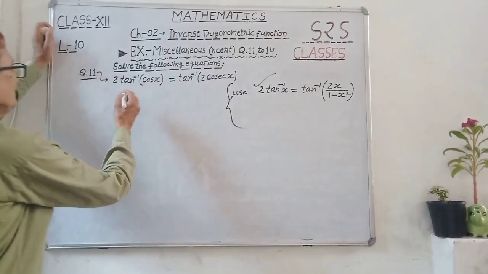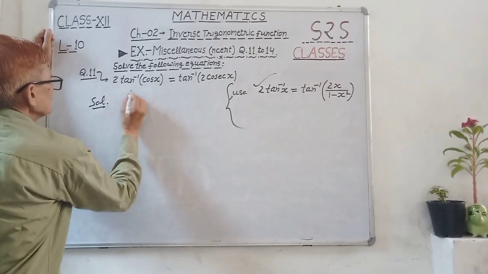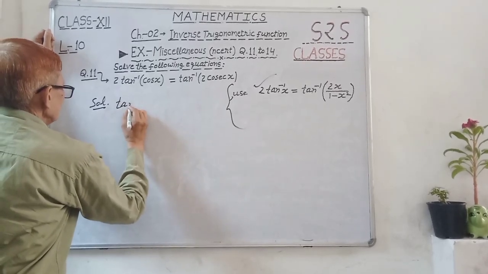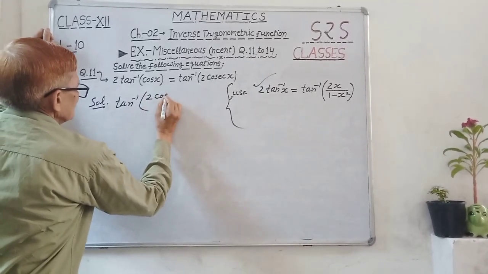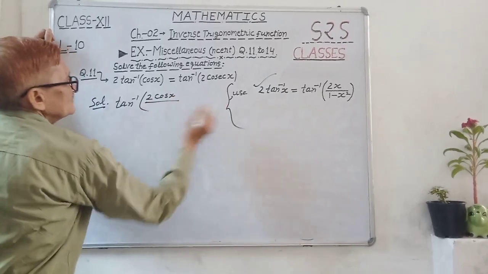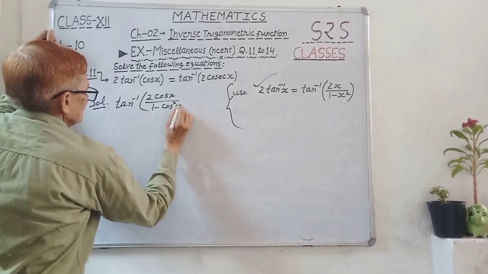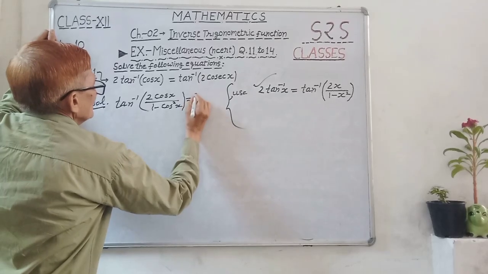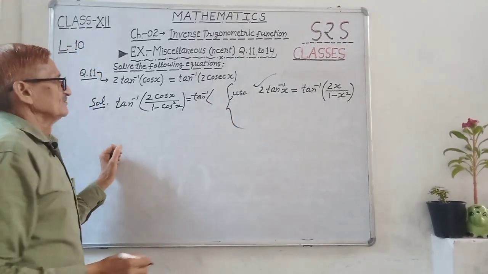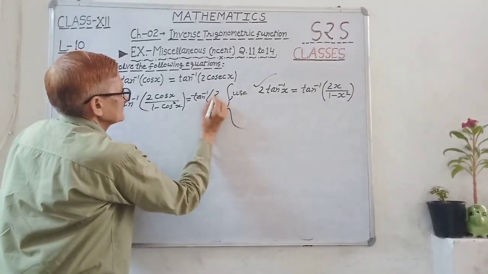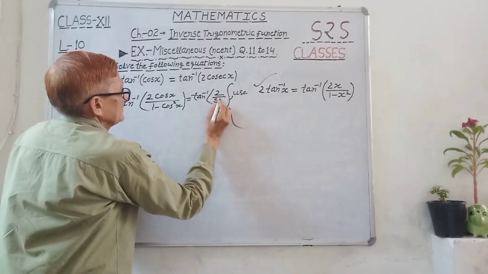Now we have to use this solution. 2 tan inverse x is equal to tan inverse 2x, 2x means 2 cos x upon 1 minus cos square x, is equal to tan inverse 2 cosec x, means 2 upon sin x. Okay, cosec theta is 1 upon sin theta.